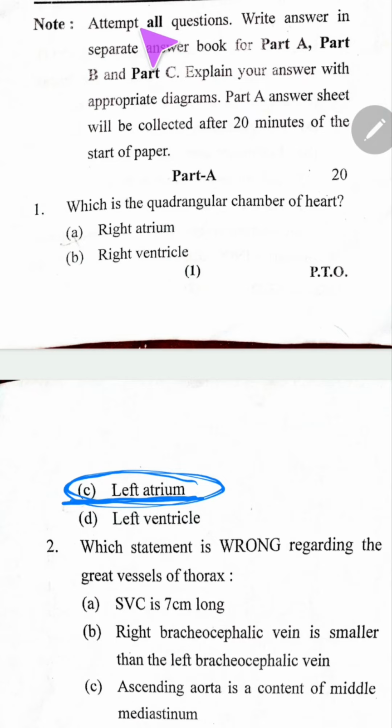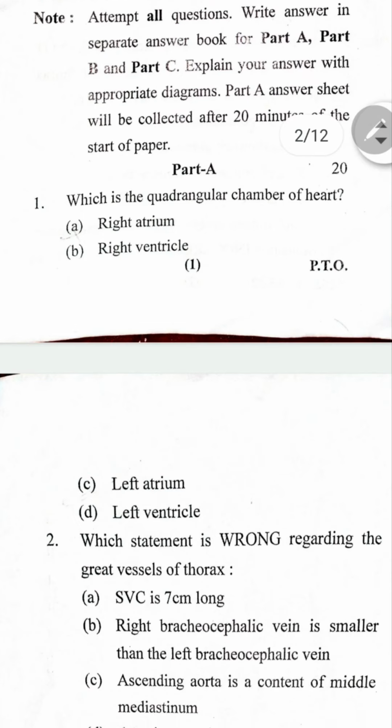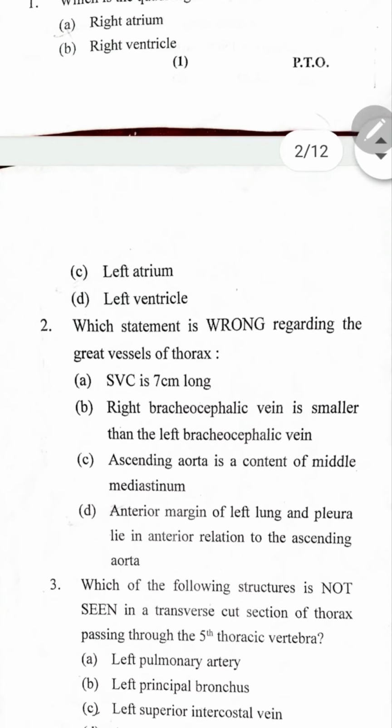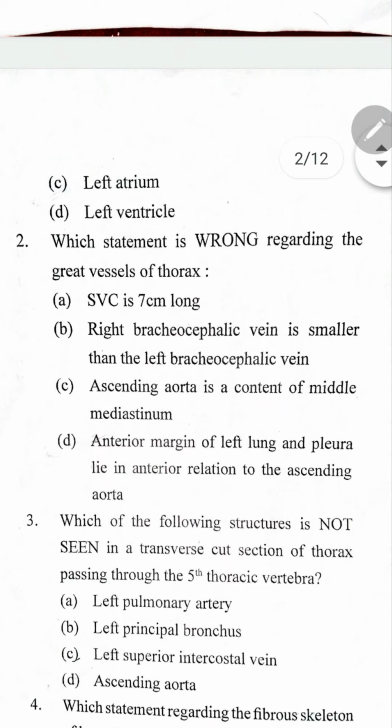Okay, now question number 2. Which statement is wrong regarding the great vessels of the thorax? SVC is 7 centimeter long. This is correct.